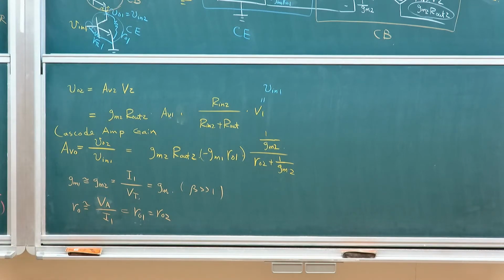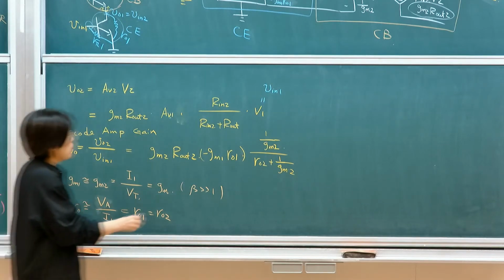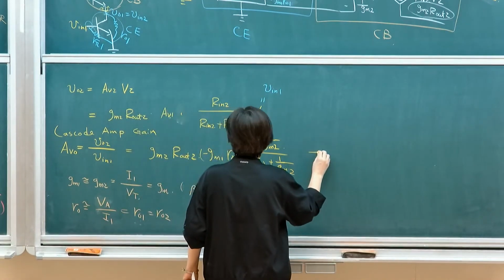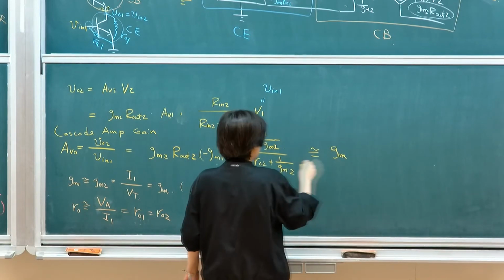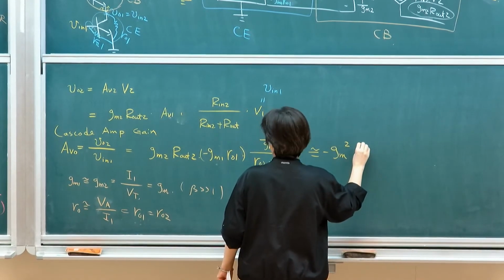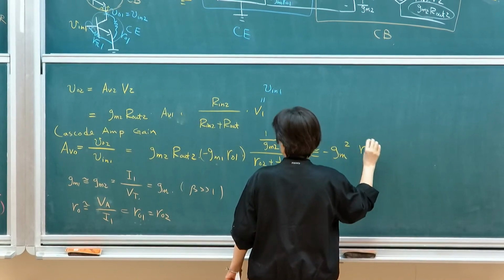Okay? So after some manipulation, you will see that it will be approximately gm, and there's another minus gm squared RO.